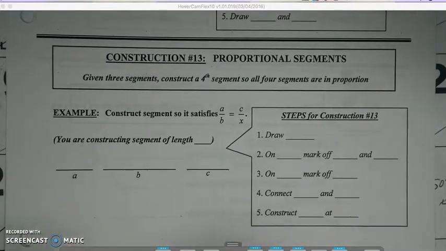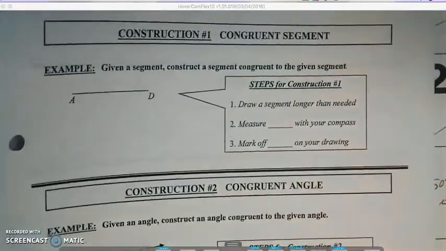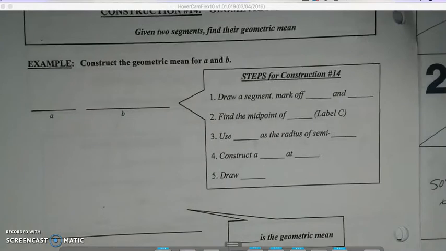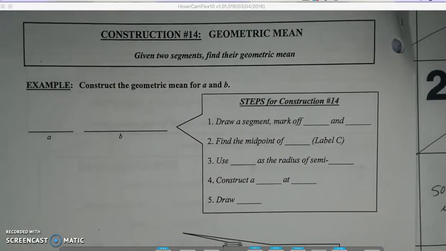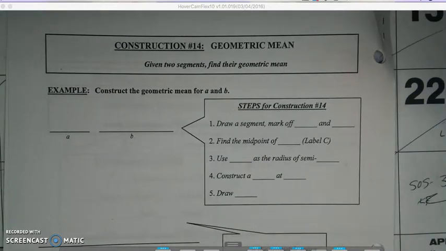So I'm going to skip right to the next one. I may come back in the recording and go over one of the ones we did already. I want to make sure we get through everything we didn't cover yet so you have a chance to work on your assignment. So, construction 13, we are going to find the geometric mean given two segments.